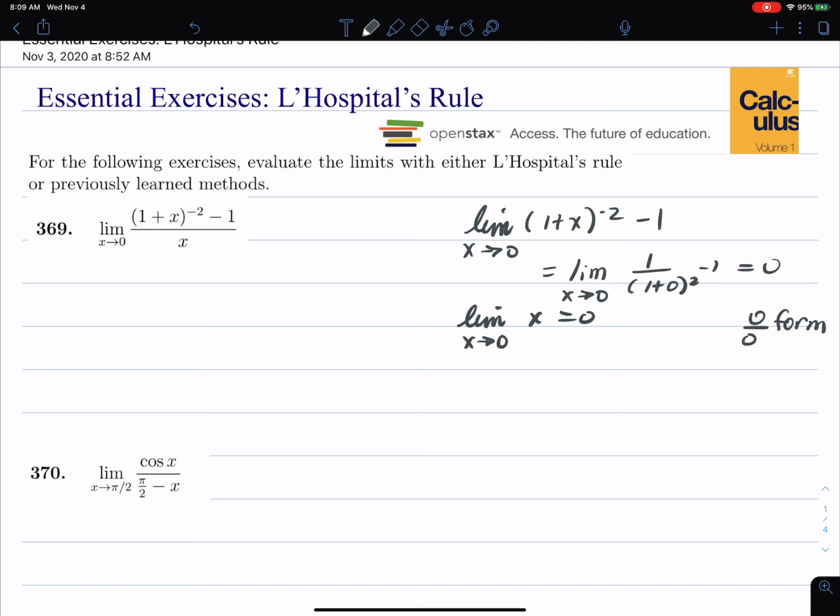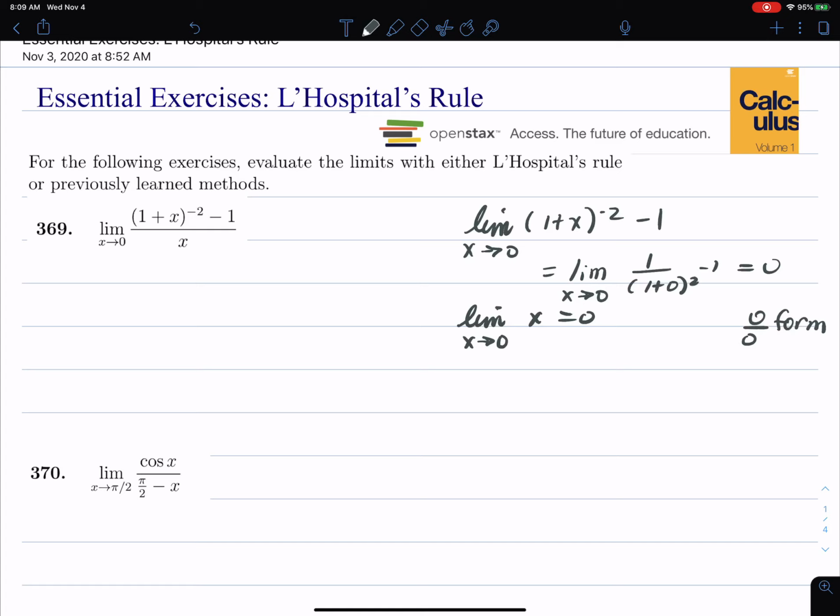And 0 divided by 0 is undefined. So we can't just find the limit of the numerator and the limit of the denominator separately and then just divide the two. So we have a 0 over 0 form, and it's an indeterminate form.